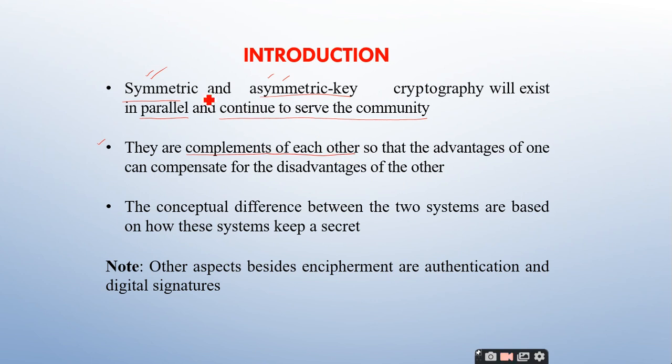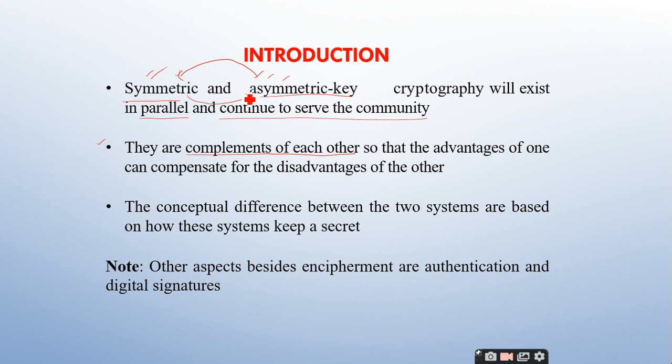That means if you have some disadvantages in the asymmetric key cryptography, those disadvantages are overcome in the symmetric cryptography. Similarly, if you have some disadvantages in the symmetric key cryptography, they will be overcome in the asymmetric key cryptography. So that is the reason why we say they are complements to each other, right?